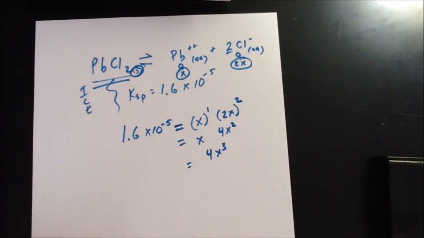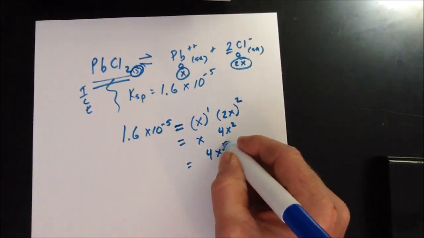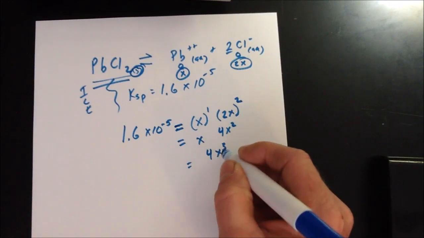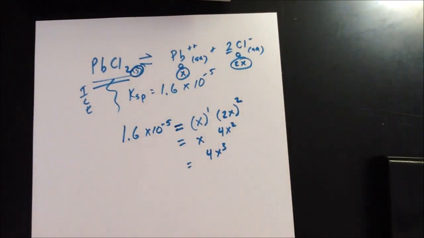So 1.6 times 10 to the negative fifth, divide by 4, and then I'm going to take the cube root of that. Sometimes with calculators you can use the math button and you can find that. Some of them will allow you to automatically do roots other than square root, but taking the cubic root of something is the same thing as raising it to the 1/3 power.